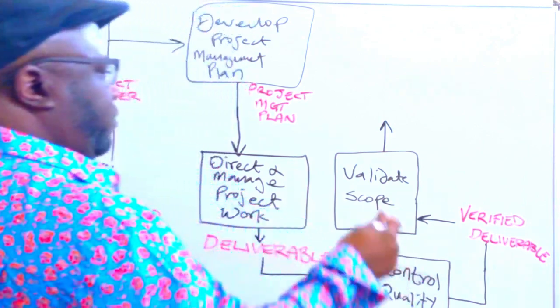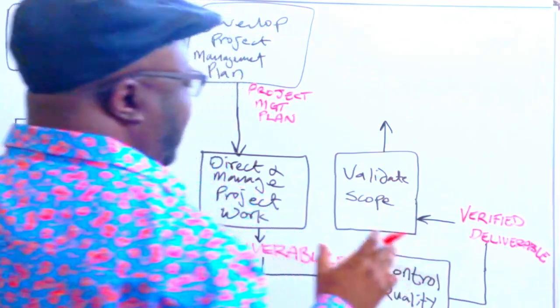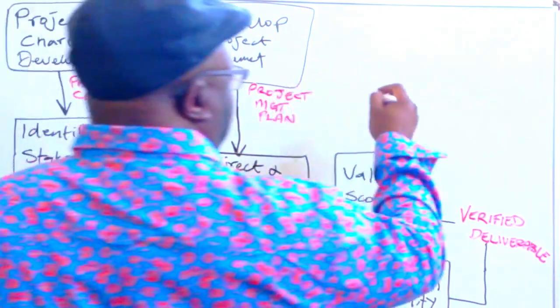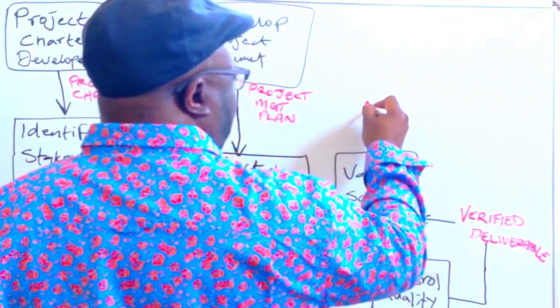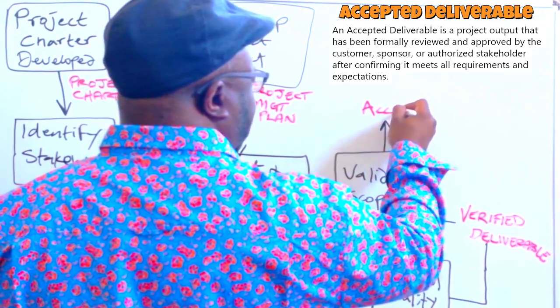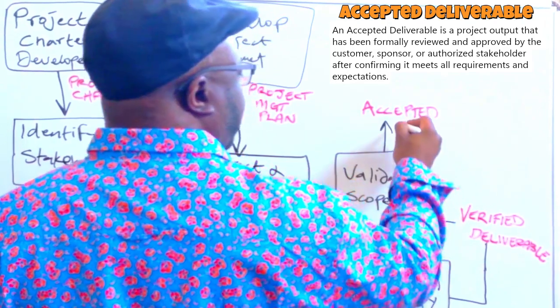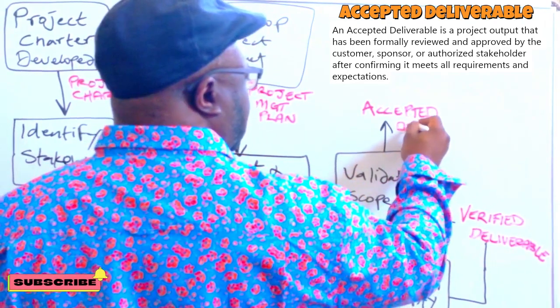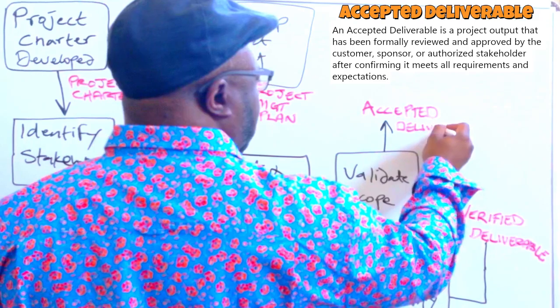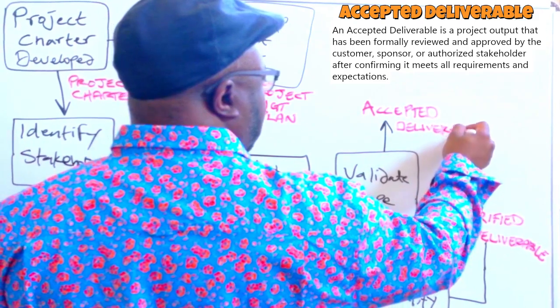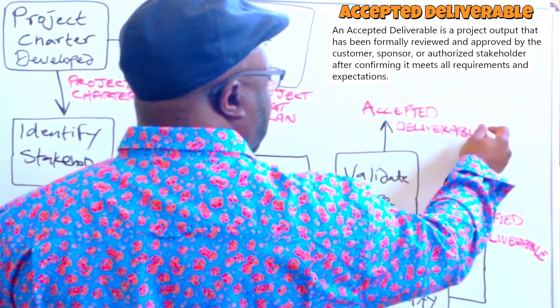Validate scope. If our customer inspects this and they are happy with it, then at that point we have something called an accepted deliverable. Okay?